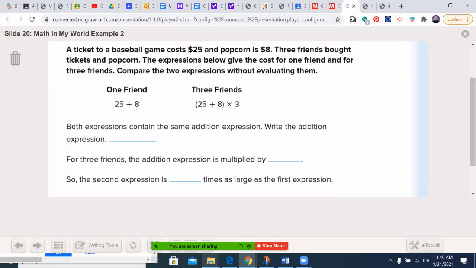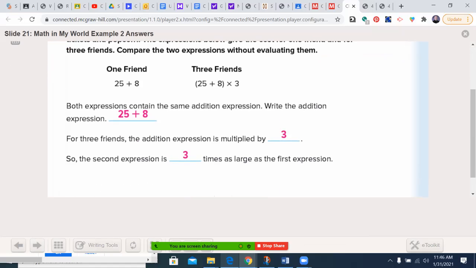Compare the 2 expressions without evaluating them. So both expressions contain the same addition expression, 25 plus 8. So we can write that in there, 25 plus 8. For 3 friends, the addition expression is multiplied by 3. So the second expression is 3 times as large. And that makes sense because if 25 plus 8 is 1 unit, this is 3 units. Go ahead and write that in.